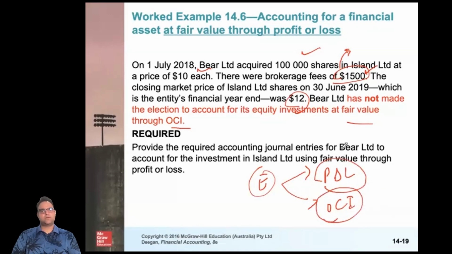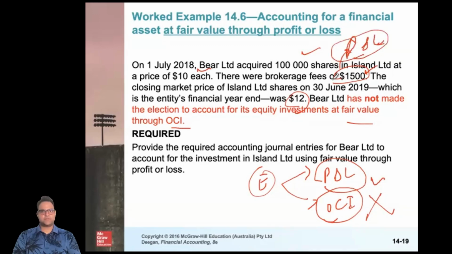In this question, they clearly write the company is not using the OCI model, so it means they are using the profit or loss model. So how are we going to record this when the company has an equity investment and has to pay brokerage fees? Since they pay brokerage fees, this fee will definitely be expensed out in the profit or loss account.